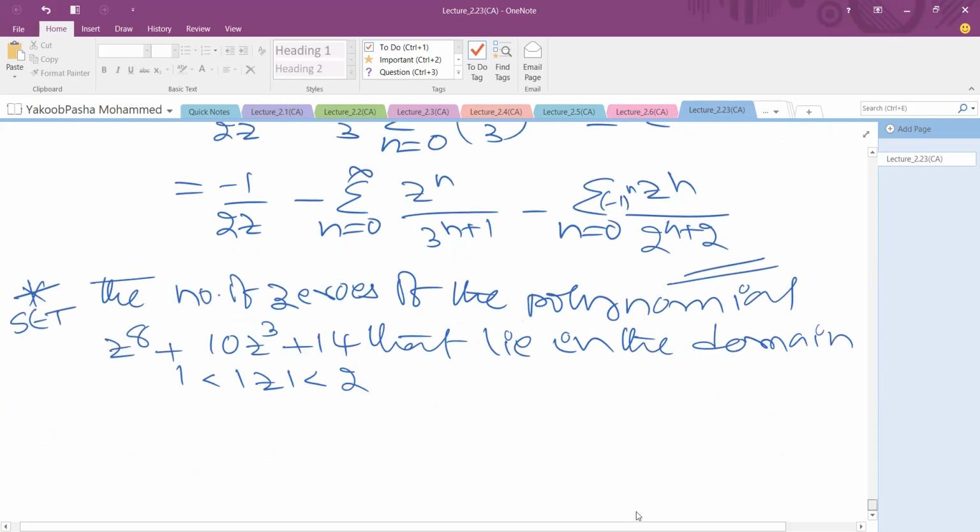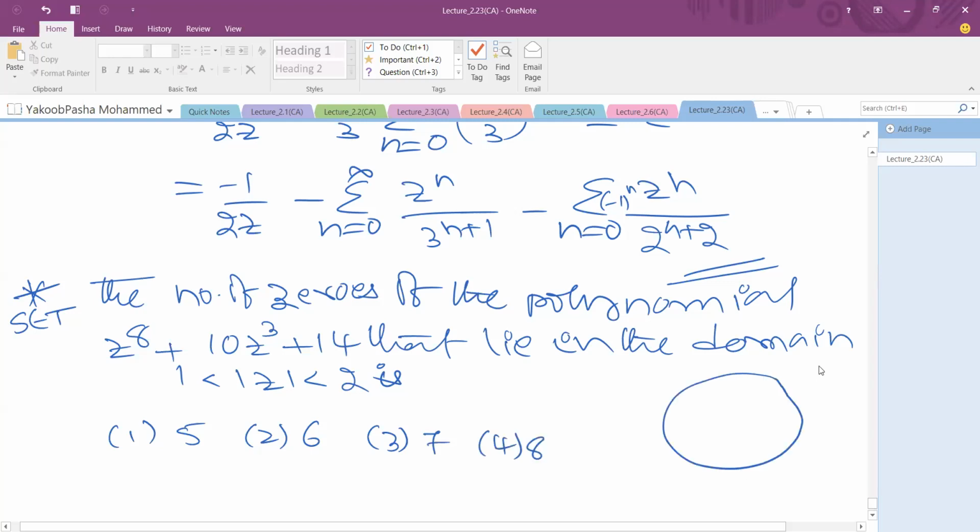The options are: first option 5, second option 6, third option 7 (2017 set), and the fourth option is 8. Okay, 1 less than modulus of z less than 2 means it is an annulus, a region bounded by 2 concentric circles with center at the origin.